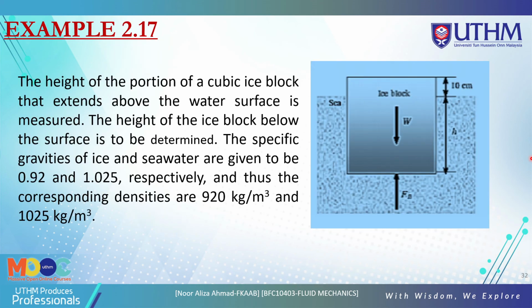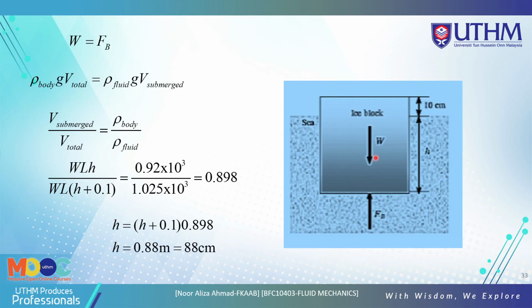Now we look at example 2.17. You want to find the height H of the portion of this block. We have the W and the FB here because this is submerged in the water. The weight of this ice block is the density of body times g times V, and the density of fluid.